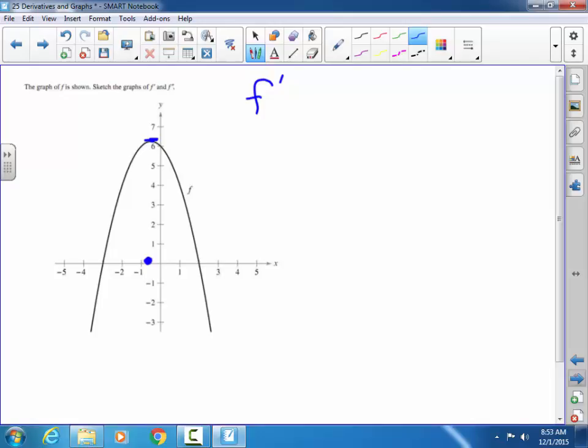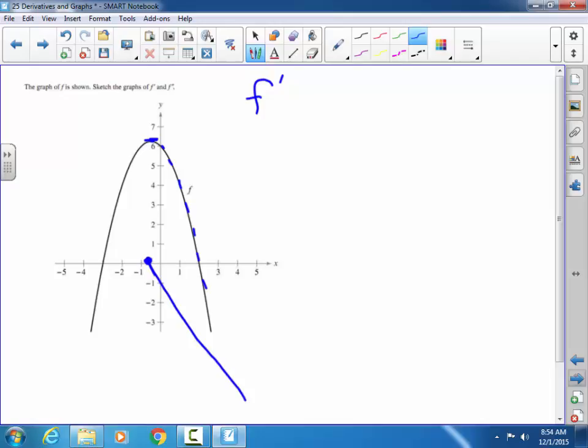If I were to look at the derivative of f, if I were to come in here and look at this, describe that derivative in here, positive or negative? Negative. So how do I graph negative? Below the x-axis, okay? So it's going to be down here. All right?